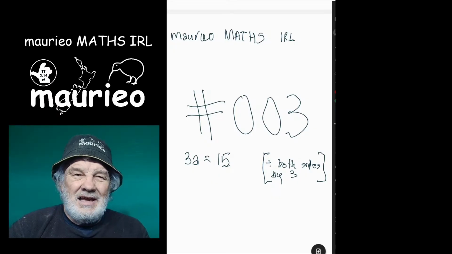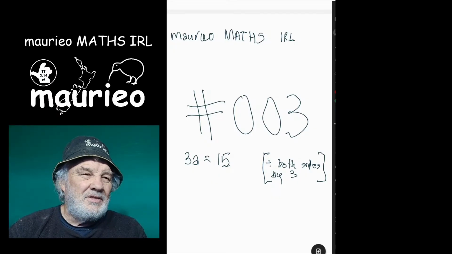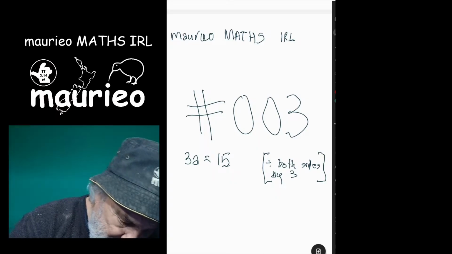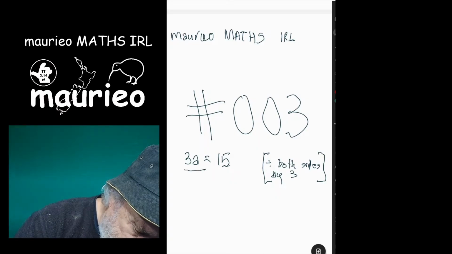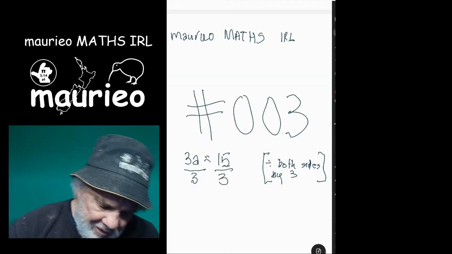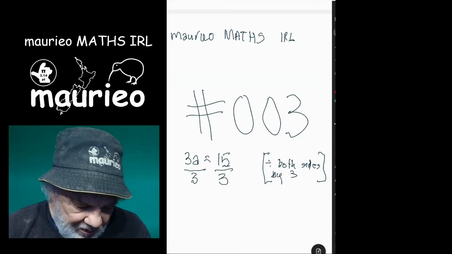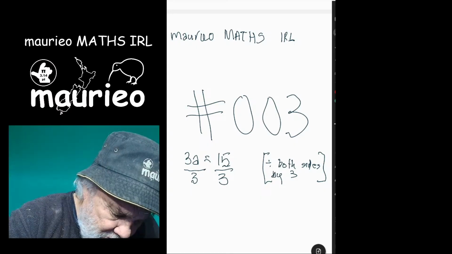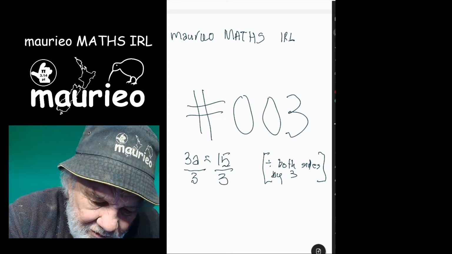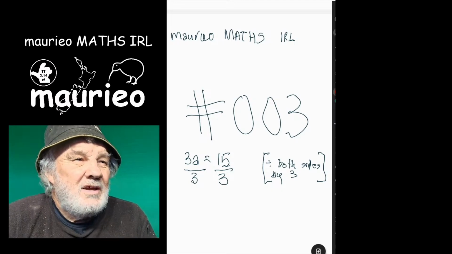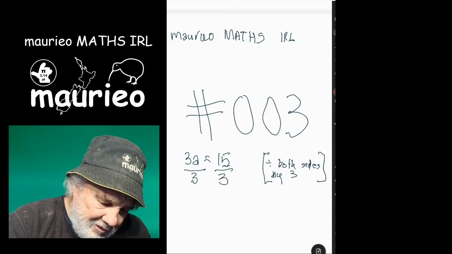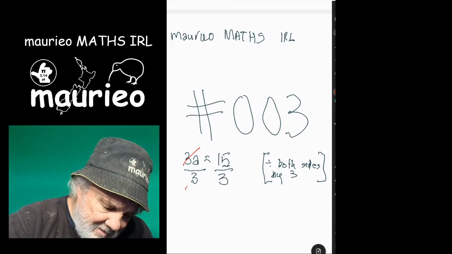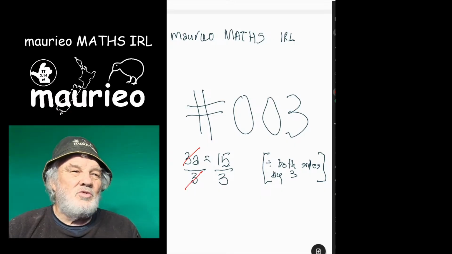So we've got these names and things like that. What we do with this one is divide both sides by 3. And as we can see there, one way that we show this is to say that the 3's cancel out. So we can put 3 divided by 3 is 1.